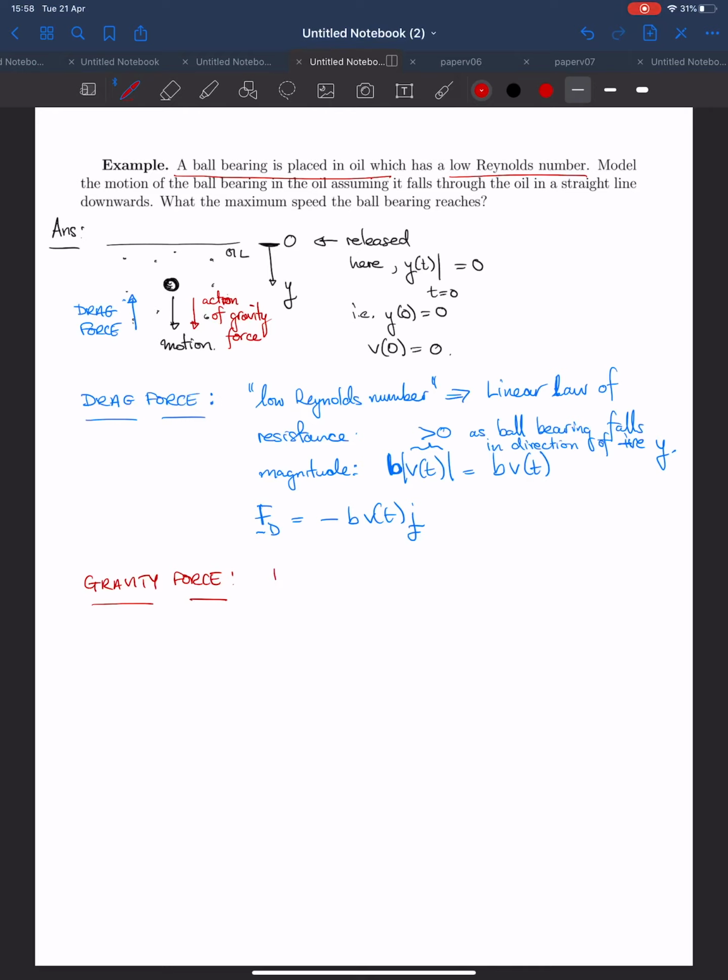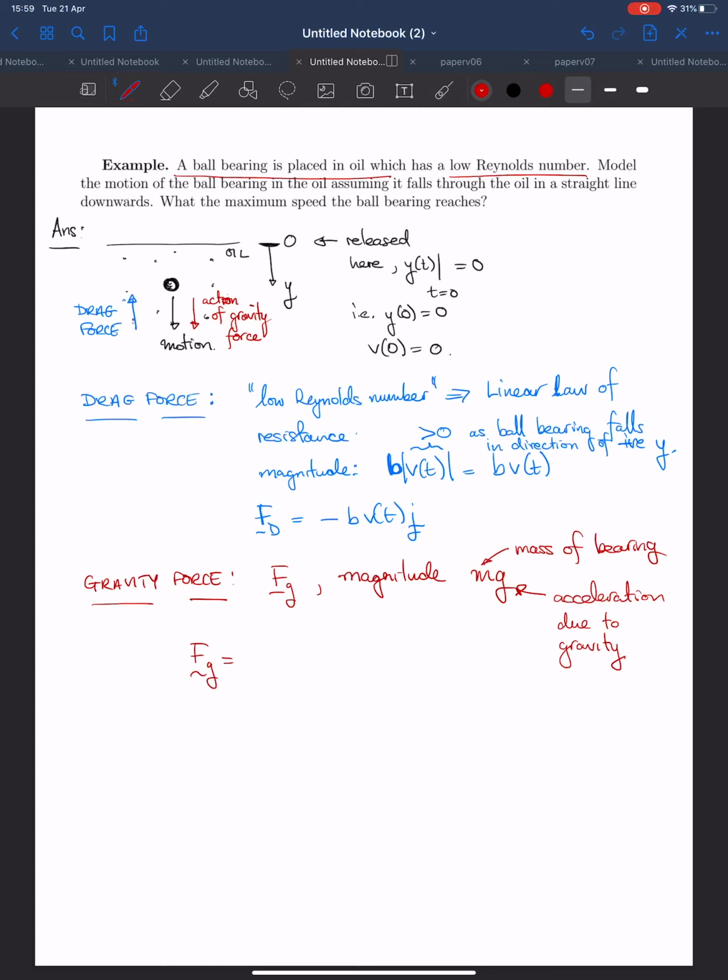So what about Fg? Well, our old friend has magnitude mg, where m is the mass of the bearing and g is the acceleration due to gravity. So Fg has magnitude mg. It's a vector that acts in the vertical direction.